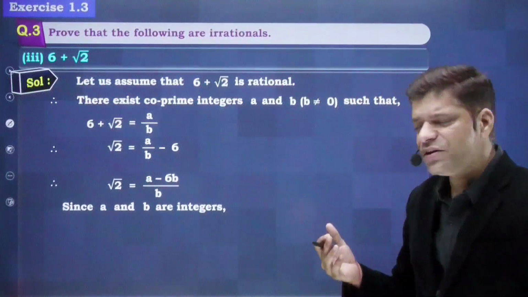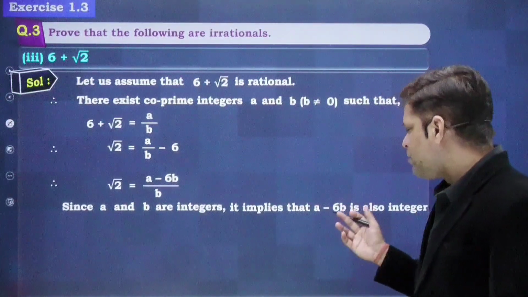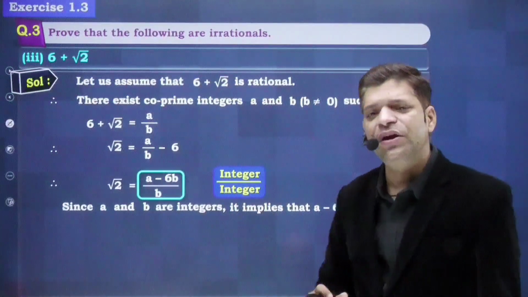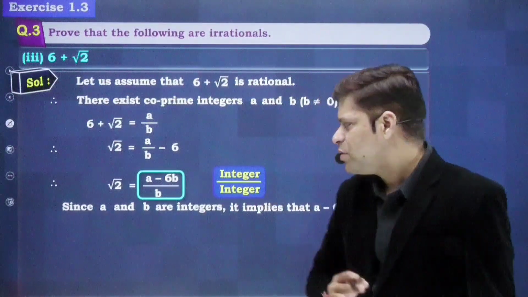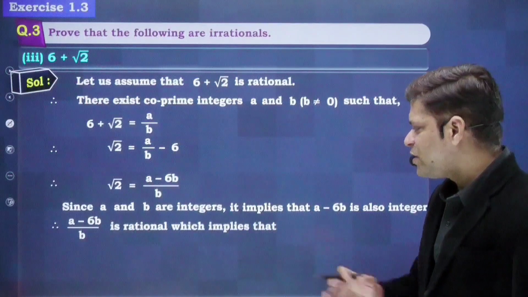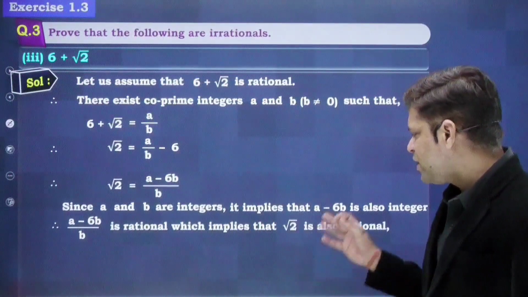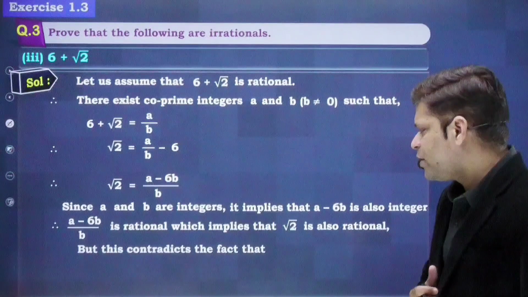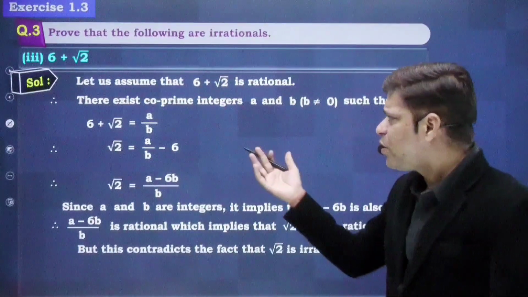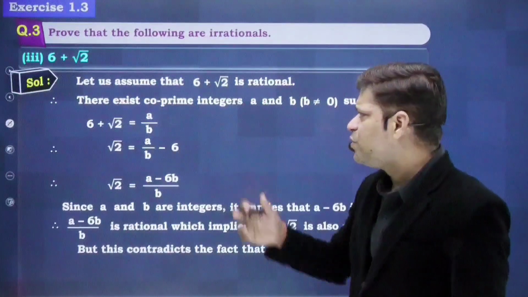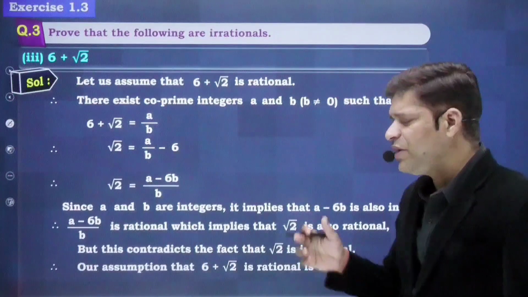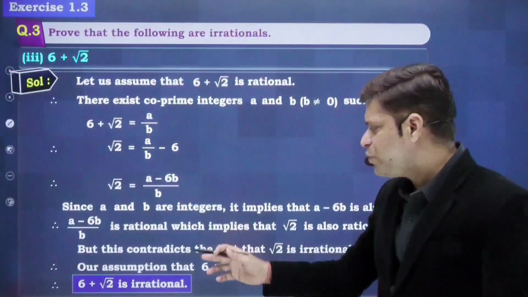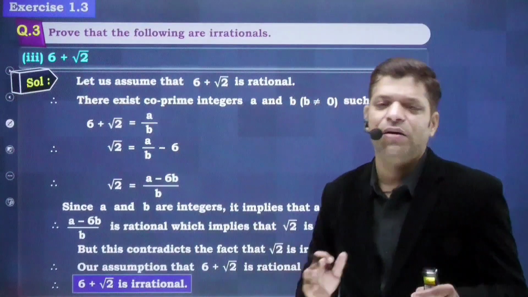Now a and b are integers, so it implies that a minus 6b is also an integer, and finally this is integer upon integer, that is, a rational number. So root 2 is also a rational number. But this contradicts our fact that root 2 is irrational. So finally we found that our assumption is wrong, and 6 plus root 2 is an irrational number.